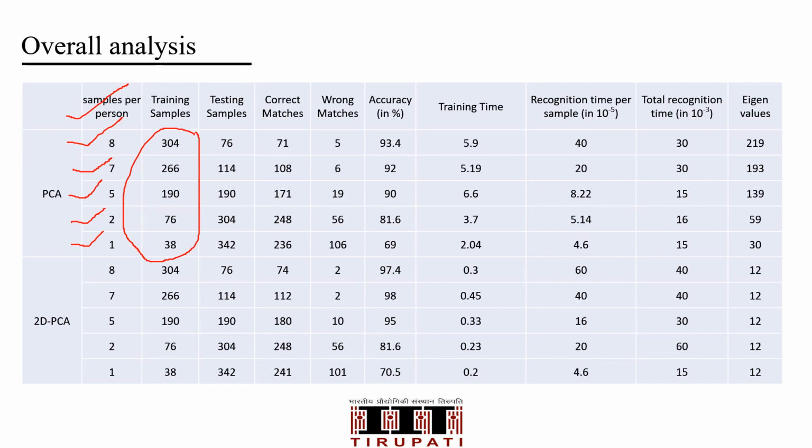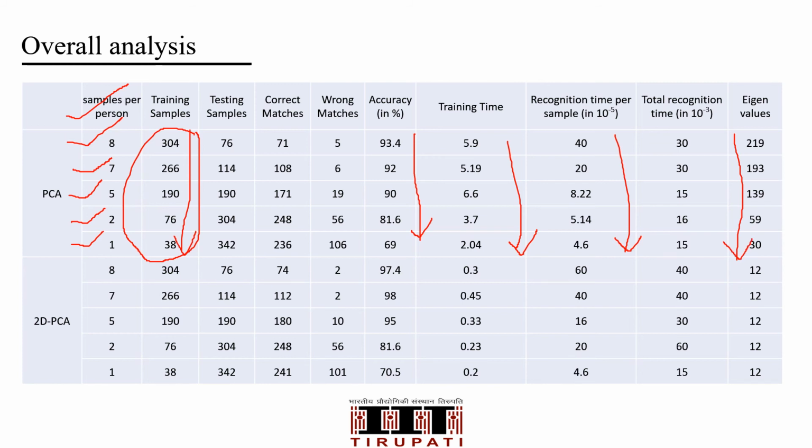Here we can see as the training samples decrease, the accuracy is also decreasing. Not only that, even the training time is also decreasing, and recognition time also, and the number of eigenvalues which it is considering is also decreasing.